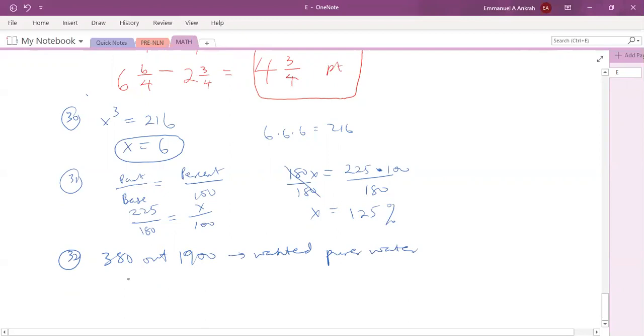There are two ways you can do this problem. The first way would be to find how many people did not want the pure water.